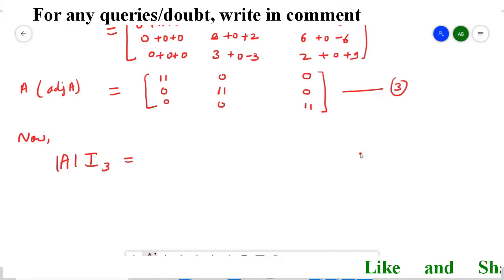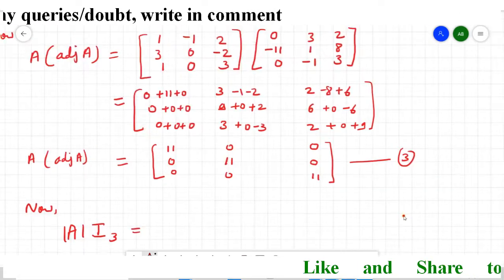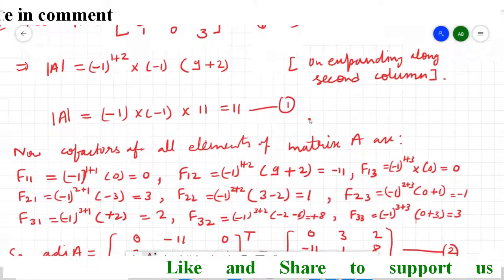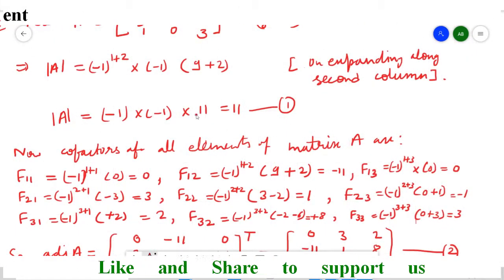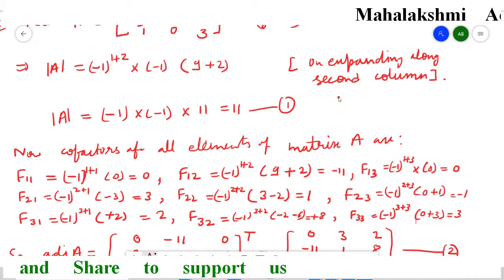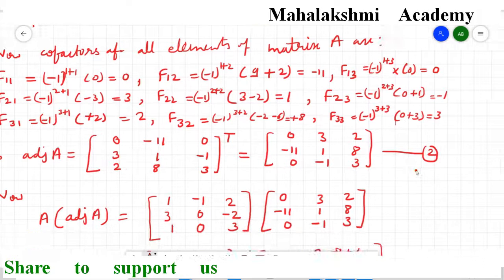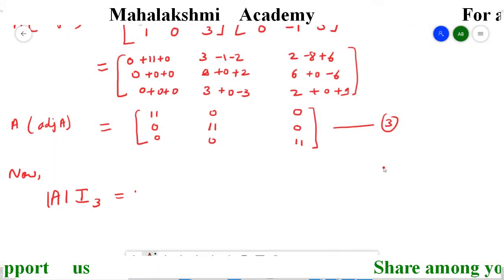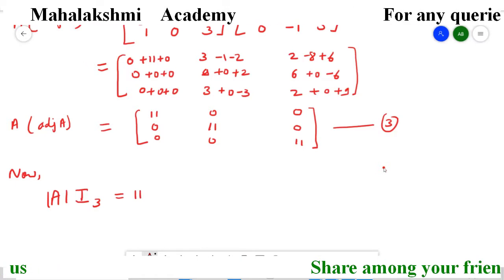The determinant of A we already calculated in equation first. The determinant of A is 11. So from equation first, we'll directly put the determinant of A here. We'll get 11 multiplied by I3.